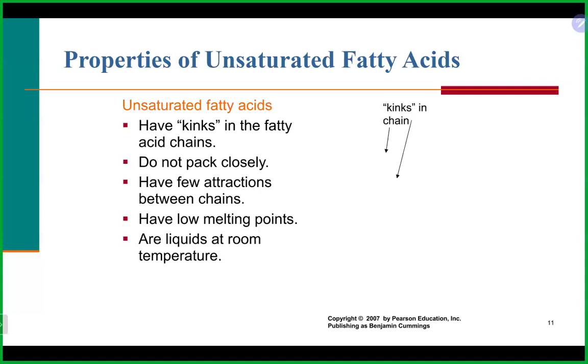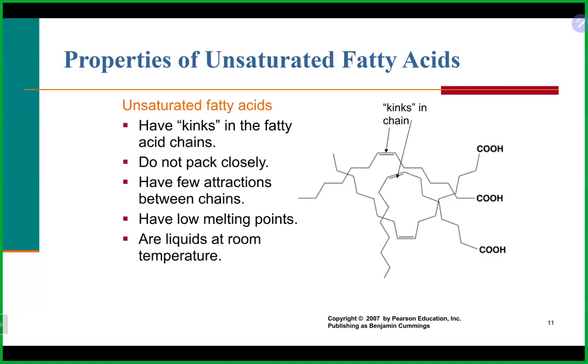Because of that kinking, they no longer sit really nice and close and tight to each other. When you put a bunch of these fatty acids with double bonds together, you get a bunch of kinking on these chains, and there's not as close an association as you see in a saturated fatty acid. The result is they cannot pack together as tightly as saturated fatty acids can.